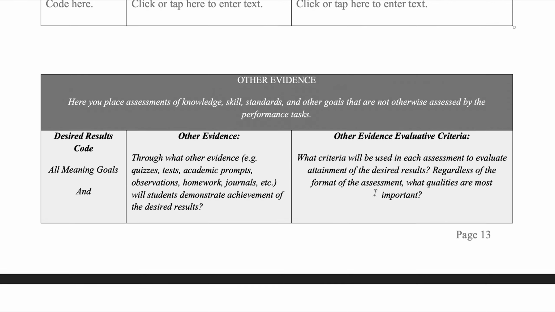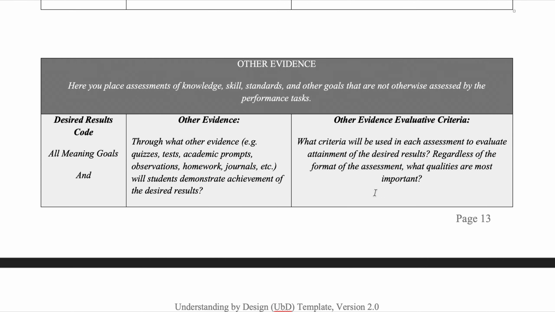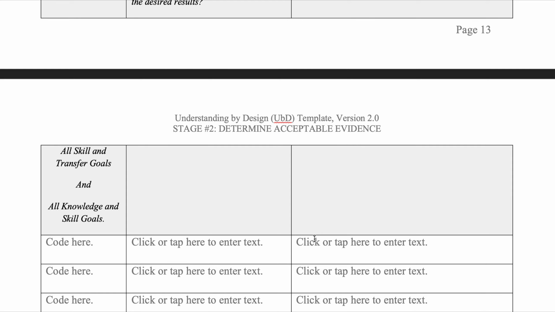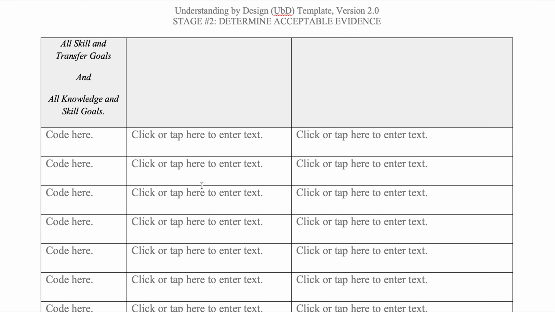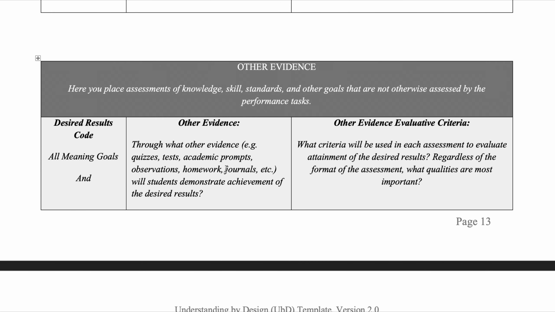The next one would be other evidence. Following the same grid, the codes will go on the left side, followed by your other evidence. The purpose of this is to identify needed assessment of stage 1 goals, which include conventional tests, quizzes, assignments, or any other type of observation that you will be implementing with the students.